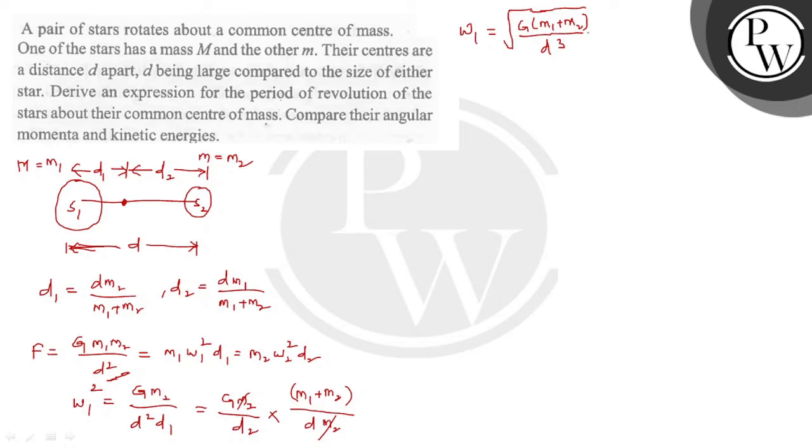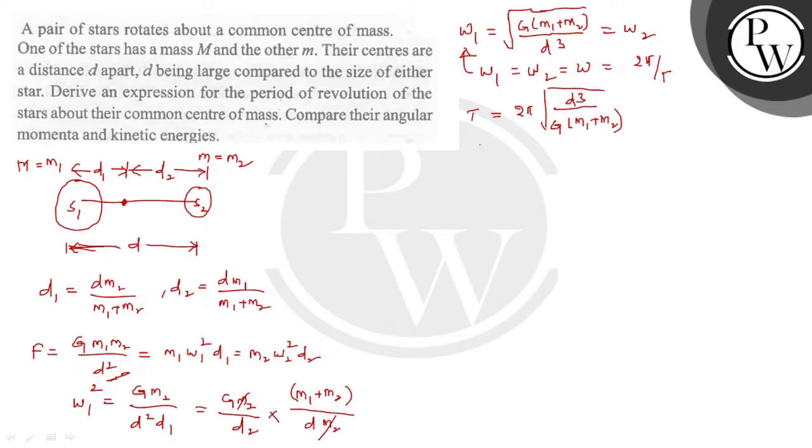Of course this is exactly equal to omega 2, nothing changes. Therefore omega 1 must be equal to omega 2, equal to omega. Omega is equal to 2 pi by T. So this expression can be written as T equals 2 pi under root d cube by G into m1 plus m2, is it not?